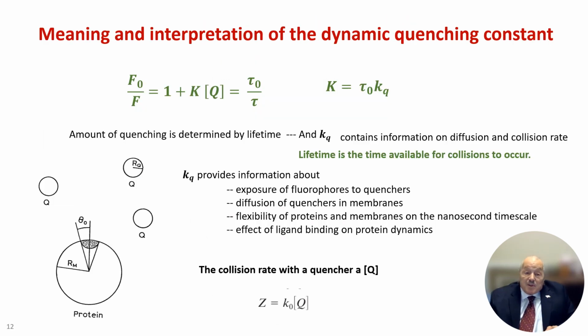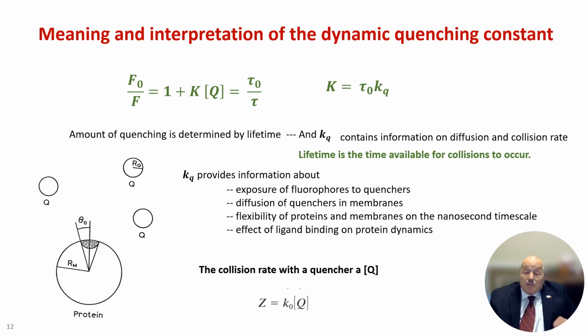This one's a little bit difficult to explain, but we have two factors that are determining the amount of quenching. We have what we're going to call the bimolecular quenching constant and the fluorescence lifetime. Both are contained in the dynamic quenching constant. So naturally, if the lifetime is longer, it gives you more time for fluorophore-quencher collisions to occur, and you expect there to be more quenching, and that's what's always observed.